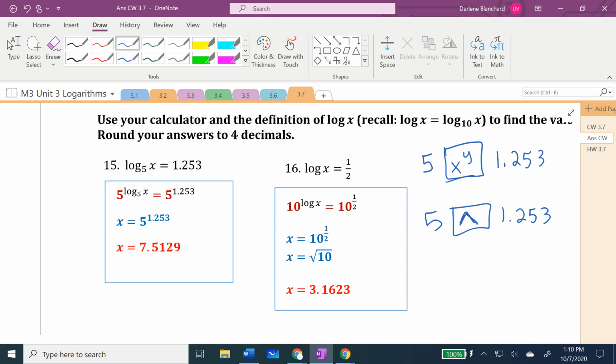So does everyone know how to do the exponent button on their calculator? All right. Then those, again, are the biggest things of today.